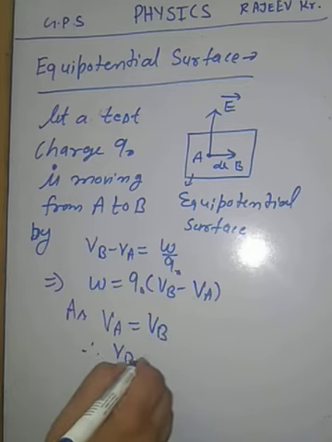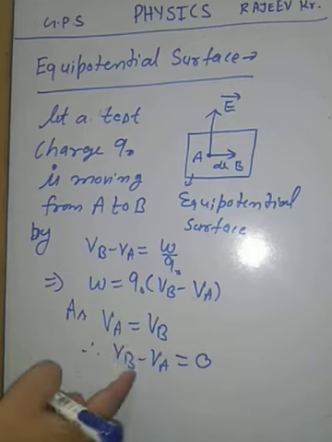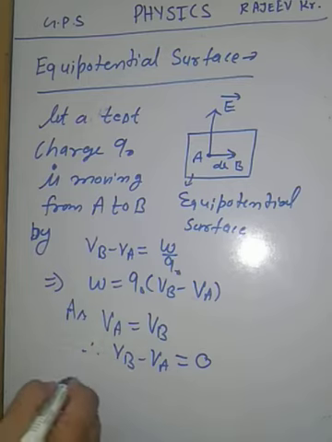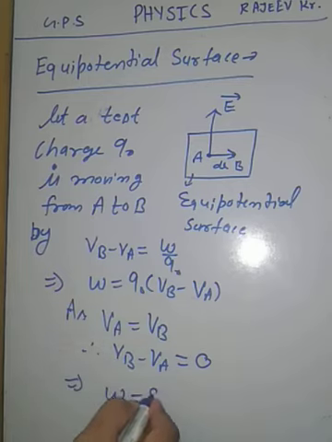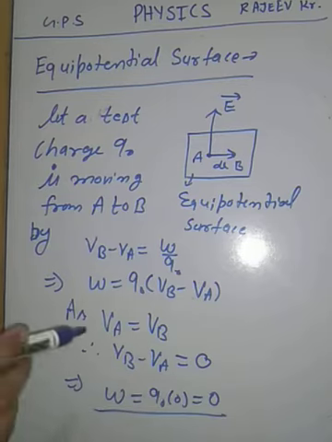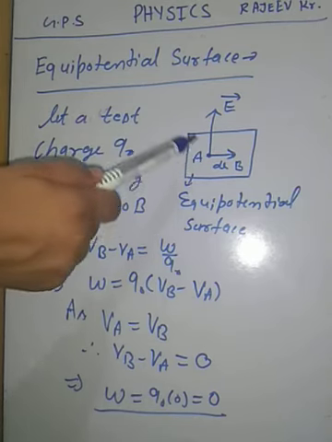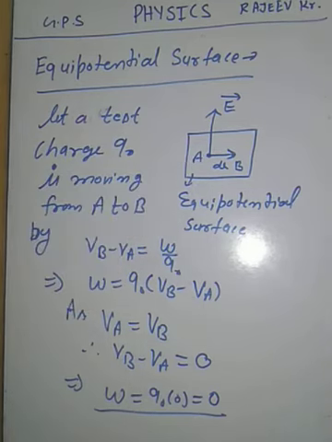Therefore, VB minus VA is equal to 0. Put this value in the relation, then we get W equal to Q naught into 0, which is equal to 0. It means no work is done in moving a test charge from one point to another point on an equipotential surface. This is the property of an equipotential surface, that no work is done in moving a charge from one point to another point on it.